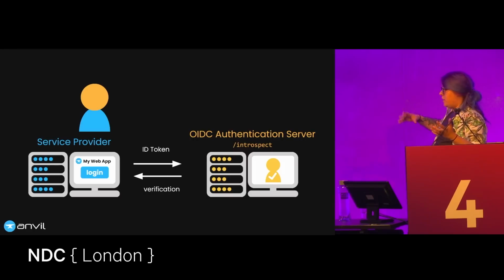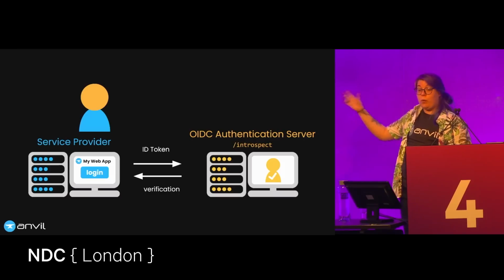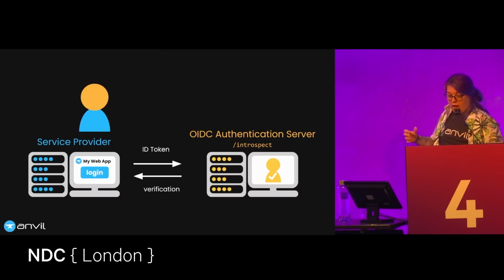So I, as a sort of malicious attacker, can't just send an ID token to the service provider and expect it to trust it, because it can always go back to the actual legitimate identity server and ask it if that's true. So at this point, the service provider goes, yeah, okay, that's been verified, have access to your stuff. And this is the one that's basically taken over the internet.